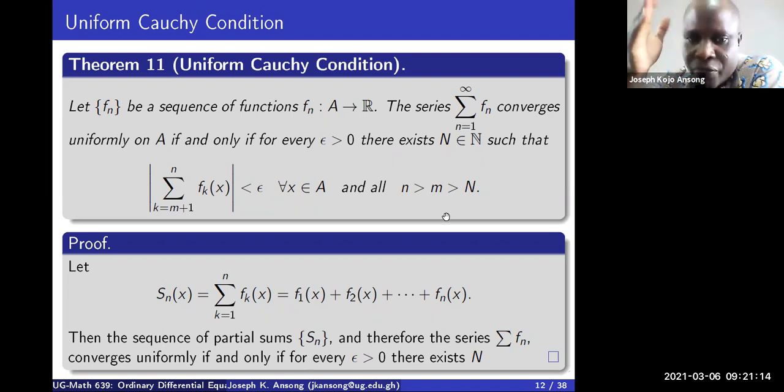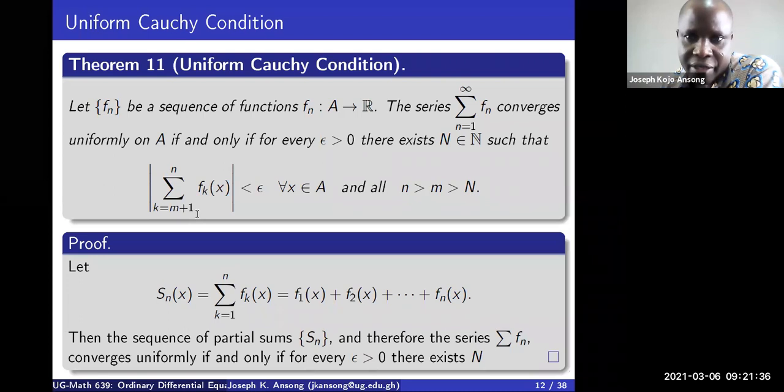So for every epsilon that you choose, there is some N such that for n, m greater than this N, you can bound this partial sum of the series. So this is bounded. In other words, the gist of it is this: you have a series of functions.